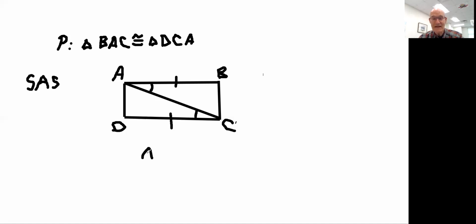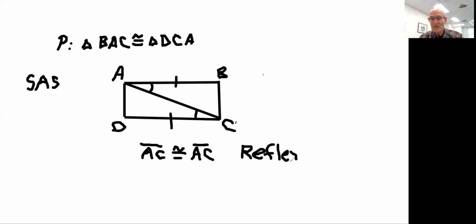I can say that AC is congruent to itself, so AC is congruent to AC, and the reason is the reflexive property.